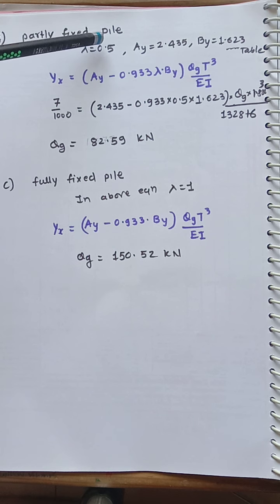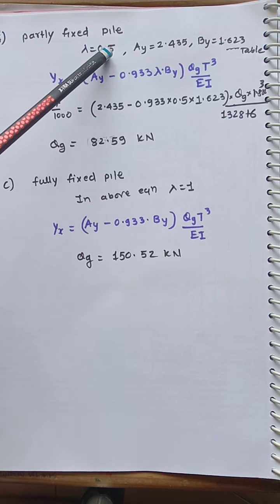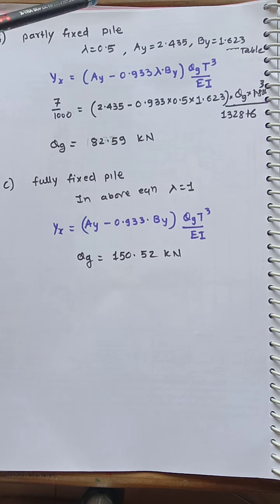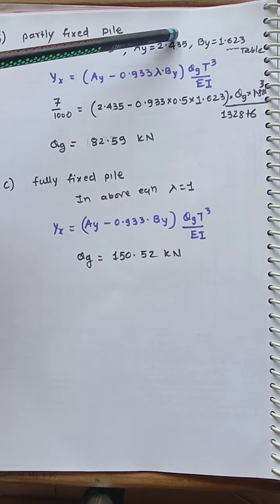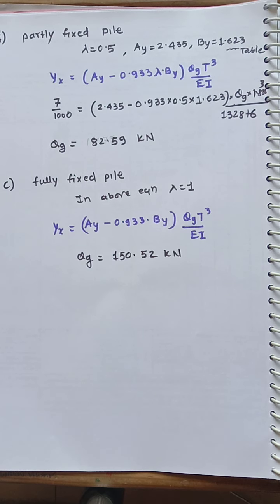The fixity is given as 50%, so λ is 0.5, and the deflection is maximum at the surface, which is already given. For this surface deflection, Ay is 2.435 and By is 1.623, again from this table at Z = 0.